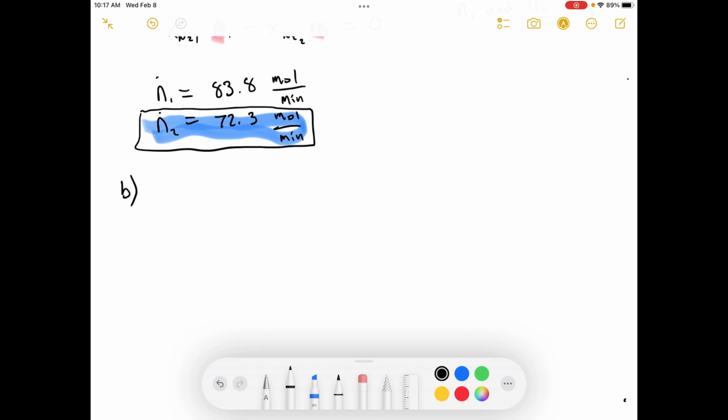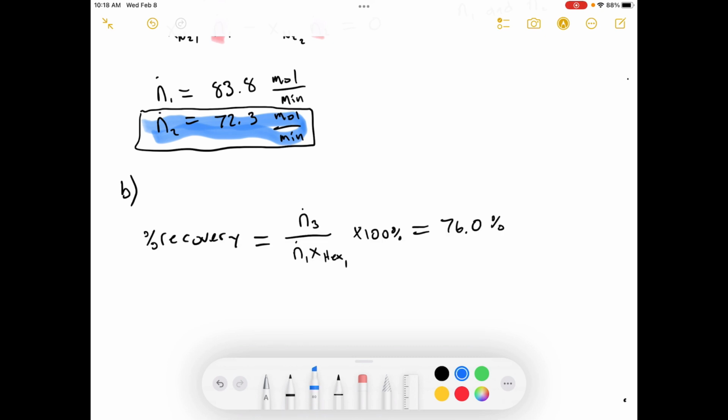Okay, so for part B it says, what percentage of hexane entering the condenser is recovered as liquid? So what is the recovery percent? Alright, the recovery percent is given by how much hexane you recover in stream 3 versus how much hexane you have going into the condenser.